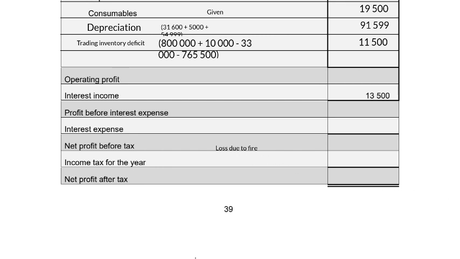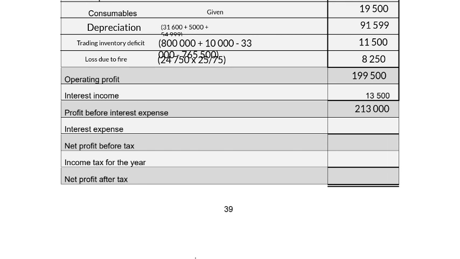And then our loss due to fire would be 24,750 times 25 divided by 75 to give you an answer of 8,250. The operating profit amounts to 199,500.